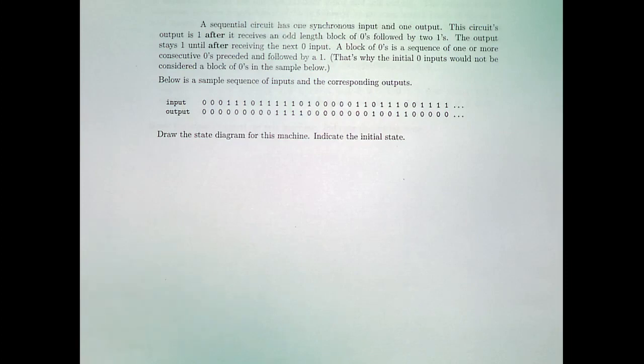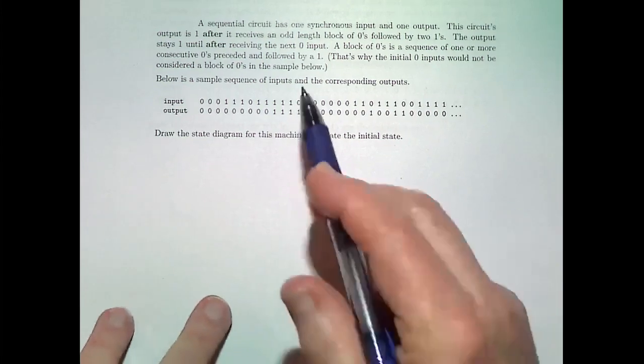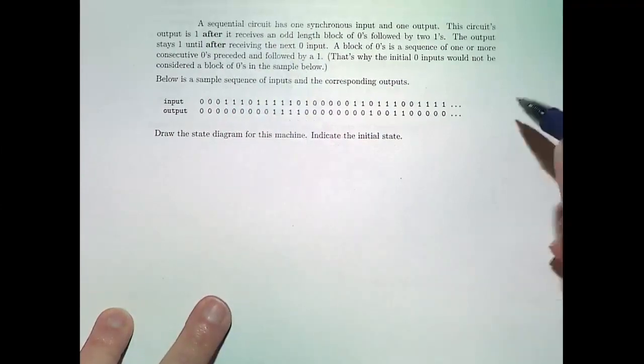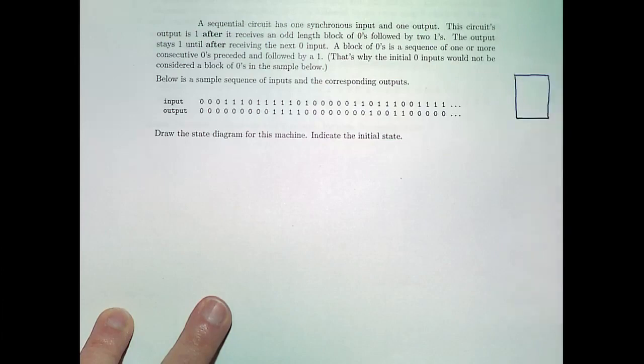They help you capture how state machines work. So this problem, we have a sequential circuit with one synchronous input and one output. That means it looks like this. One input, one output.